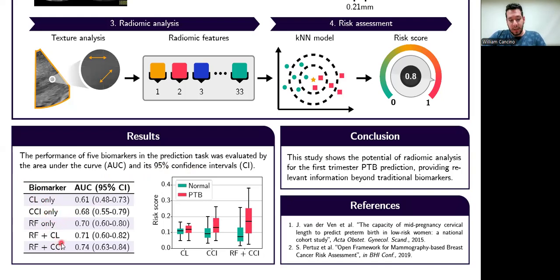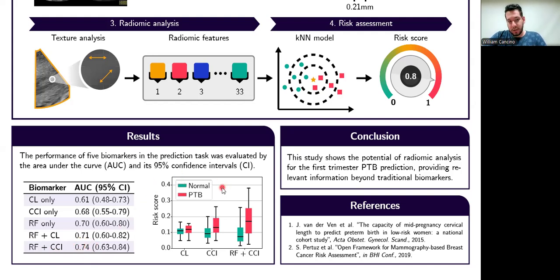When we combine the risk score of the cervical measurements with the risk score of the radiomic features, the last scenario, that is radiomic features plus cervical consistency index, obtained the best performance, the best discrimination ability.